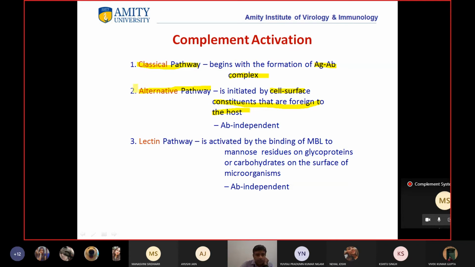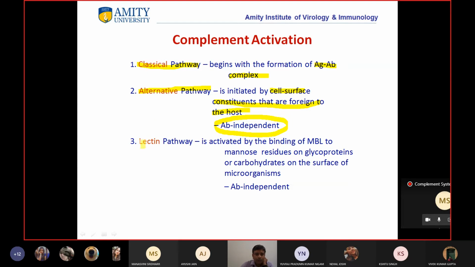And students, the alternative pathway is antibody independent. It does not require antibody for its initiation, because in this case it is recognizing the cell surface constituents. So if they are foreign, then the alternative pathway begins, otherwise nothing happens. So this is antibody independent.